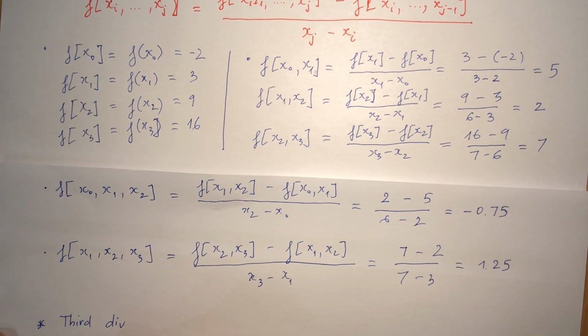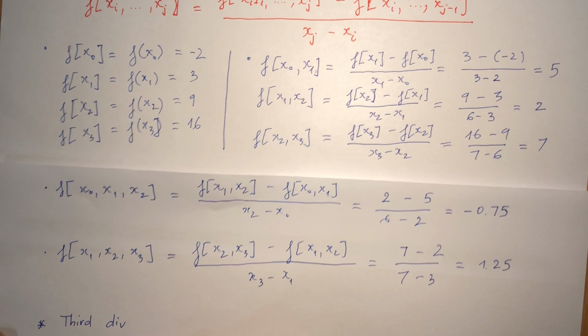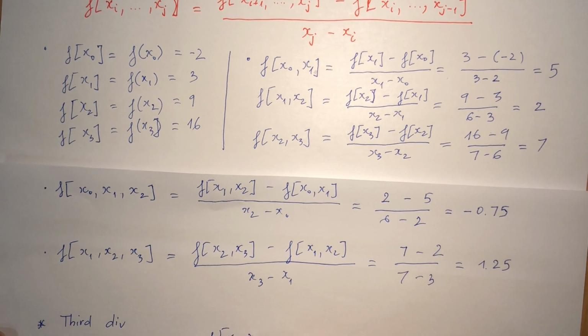You see f[x0, x1, x2, x3] equals f[x1, x2, x3] minus f[x0, x1, x2], divided by x3 minus x0.